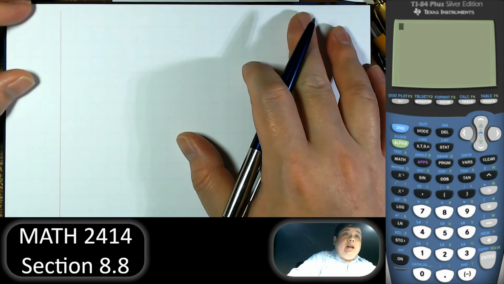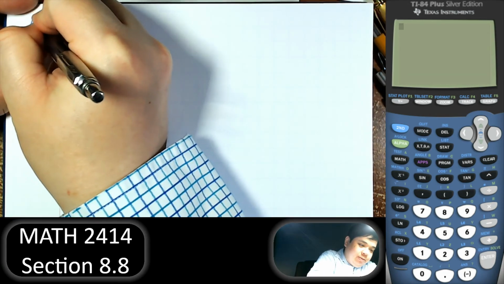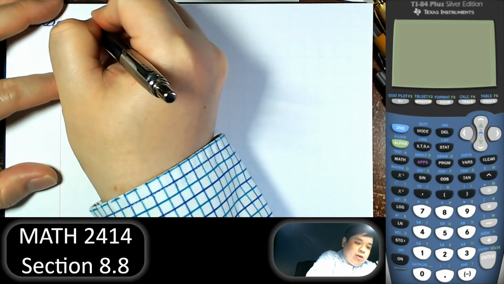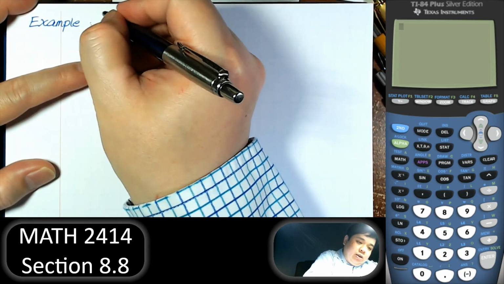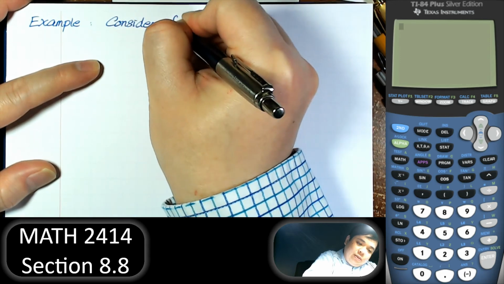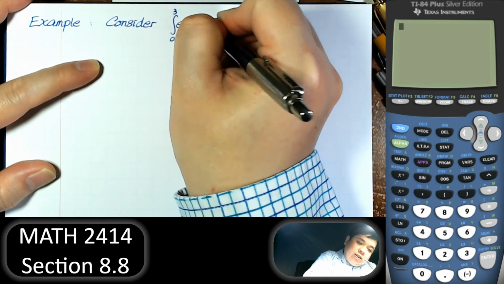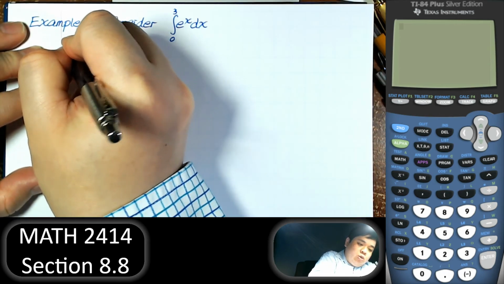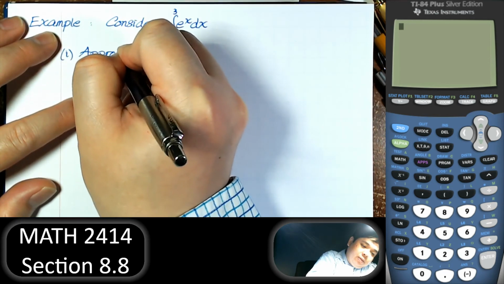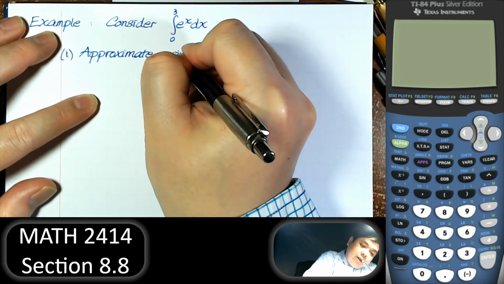I stopped the video earlier, but I think we should have one more example. Alright, let's see. We try to approximate this integral. So consider the integral from 0 to 3 of e to the x dx. Let's approximate using Simpson's rule.